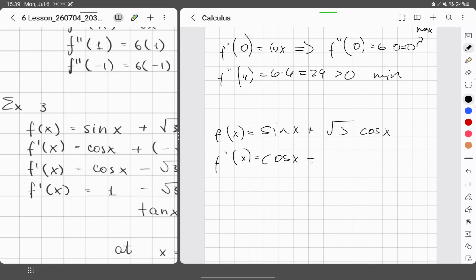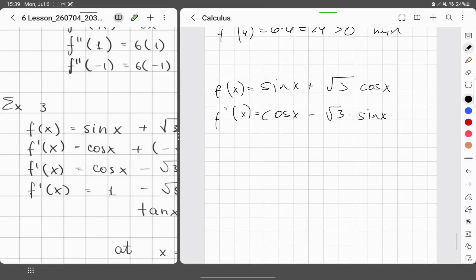Cosine x plus negative sine x. If we divide everywhere by cosine x, cosine x over cosine x will be 1, and sine over cosine will be tangent x.